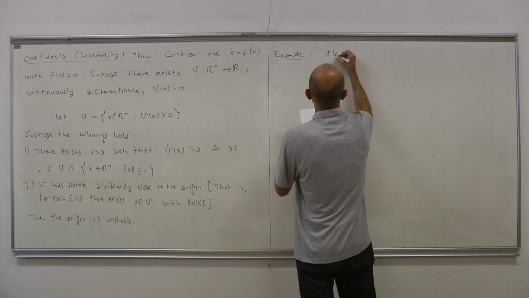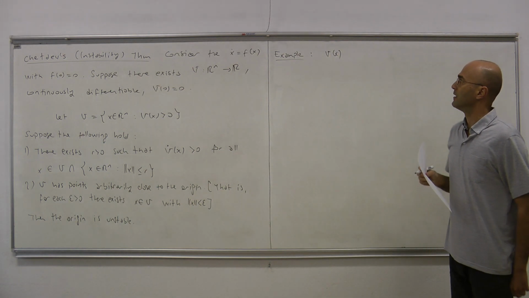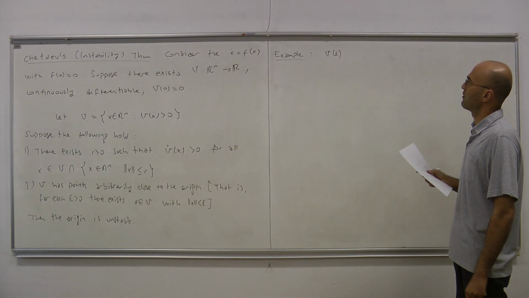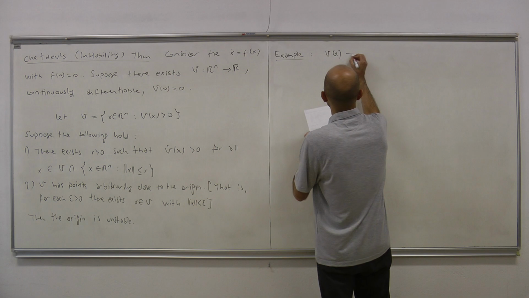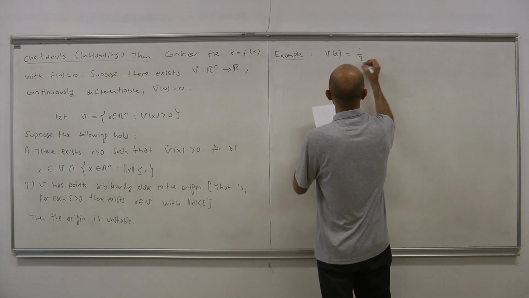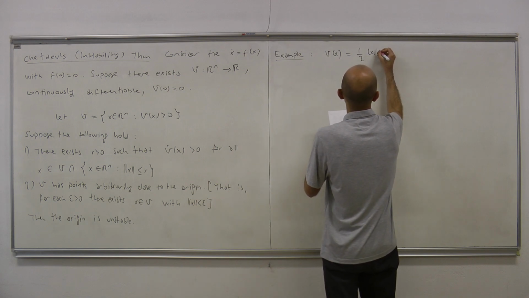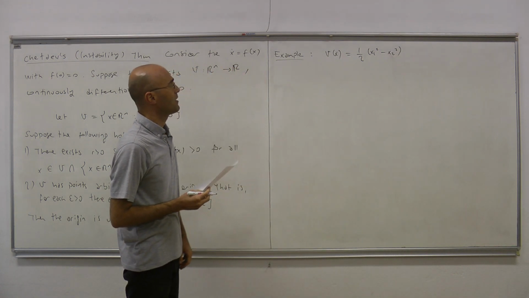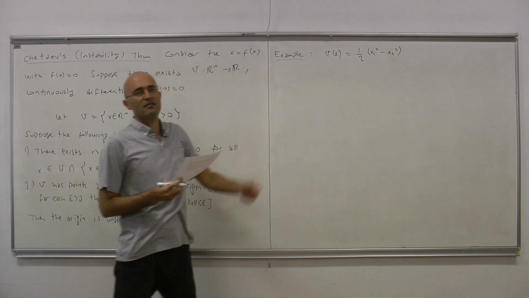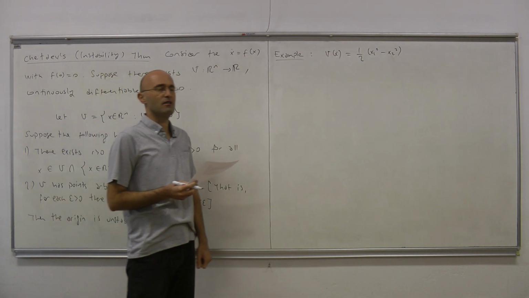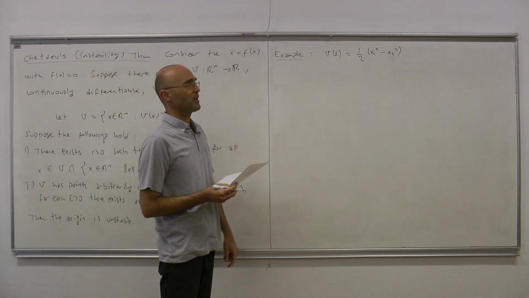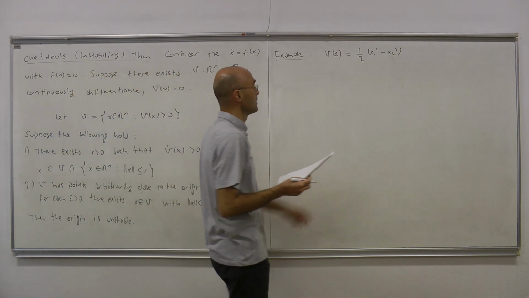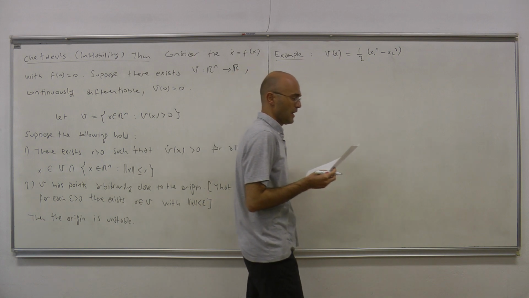But let's first get familiar with the function that we'll be working with, V of x. So this is a second order system, and V of x is defined as x1 squared minus x2 squared. So clearly, this V is neither positive definite nor negative definite, nor semi-definite. It's an indefinite function. It takes positive and negative values for different x.